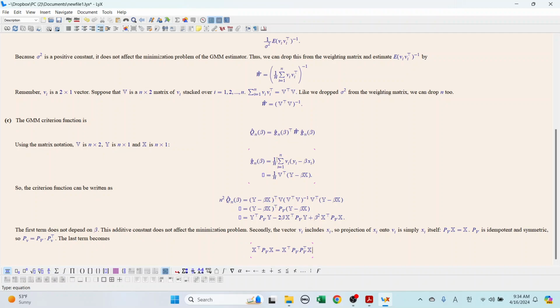You may just put an additional P_V because it is symmetric and idempotent. So we already have seen this here, right?